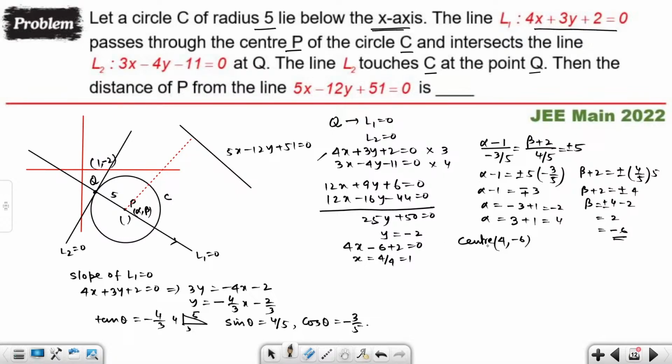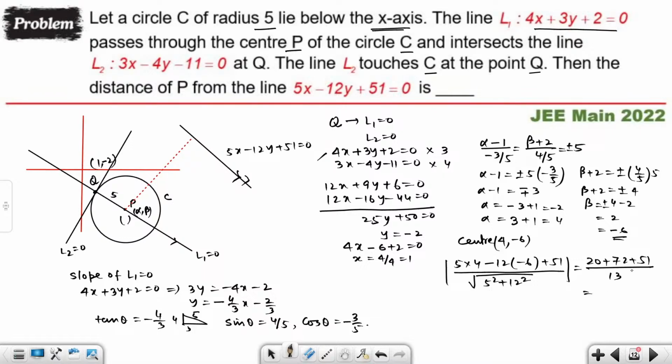Now if you know the center, what will be the perpendicular distance from point P on this line? I'm using the perpendicular distance formula. So we are having, divided by root over 5 square plus 12 square. So we are basically getting 20 plus 72 plus 51 divided by 13.